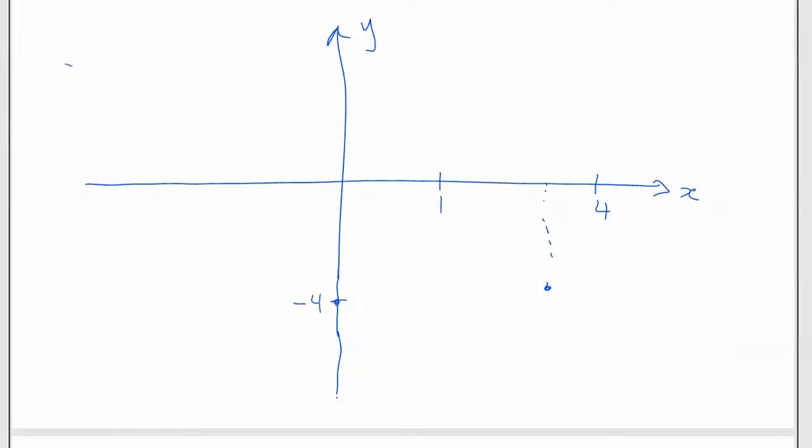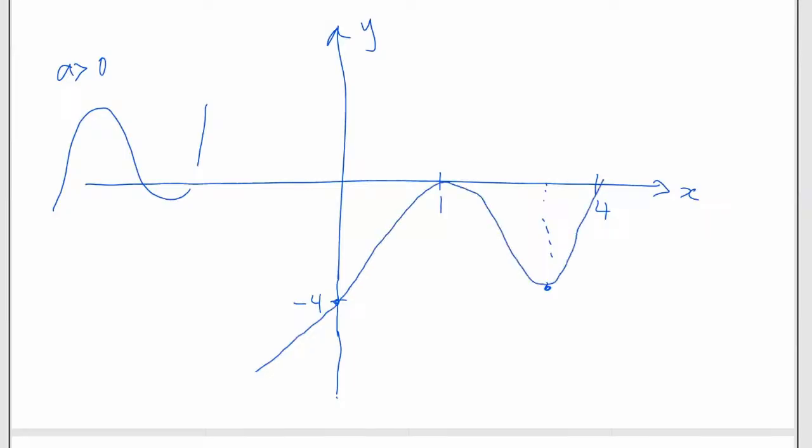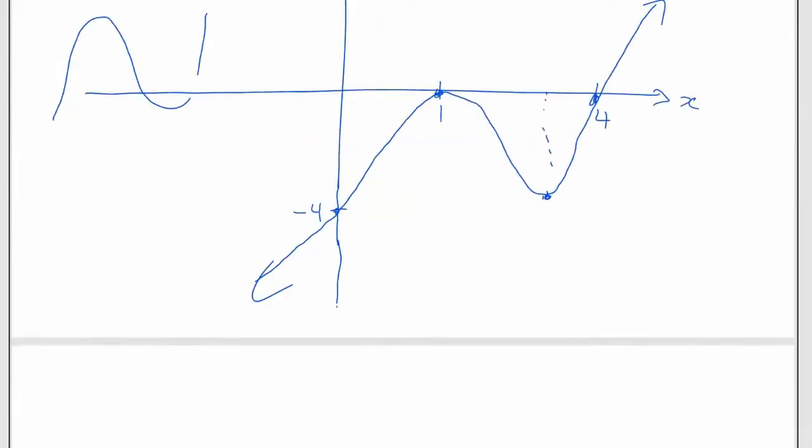So since the a is greater than 0, our graph is going to be something of the sort. So I'll have something like this, passing there, and passing through that. So these are the points of interest that the question needed. That is the kind of graph we would have for that question.